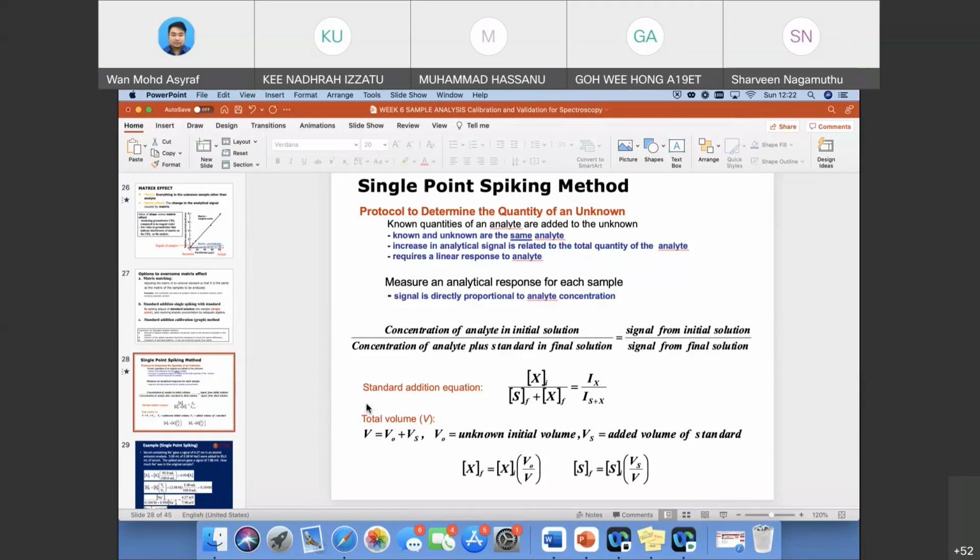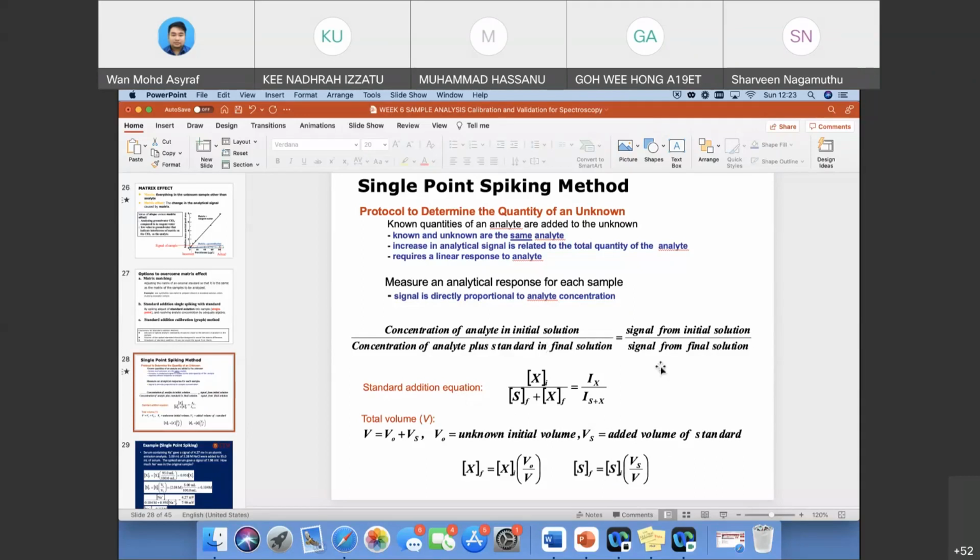Okay. Between that analogy, did you guys get it? We do have the equation, but the analogy is like that. When you put the known quantity, you know the response, but usually it will create an extra response. So those extra, the difference between the known and the unknown, is your unknown's response.